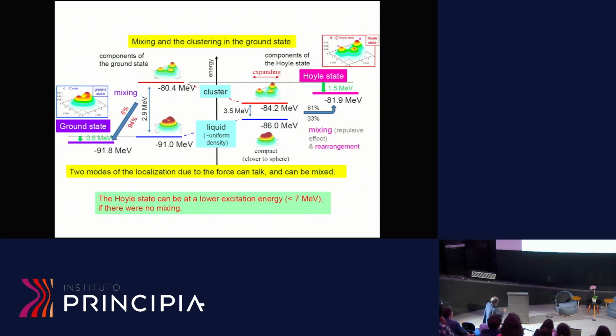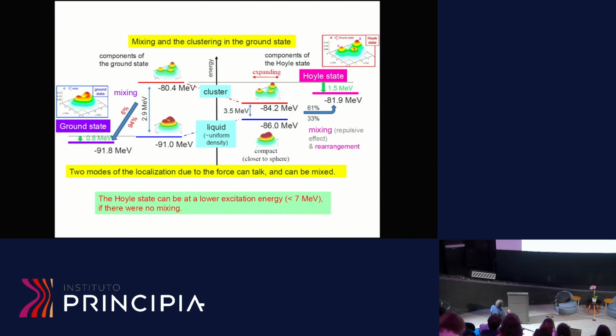So, to summarize the carbon isotope case, this is a calculation obtained with region 1. Then you obtain this state, and with region 2 this state. But then by having more states, the ground state comes down from this value to that. That means there is about 6% mixture of this configuration.